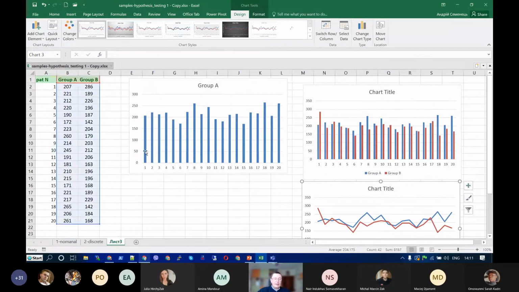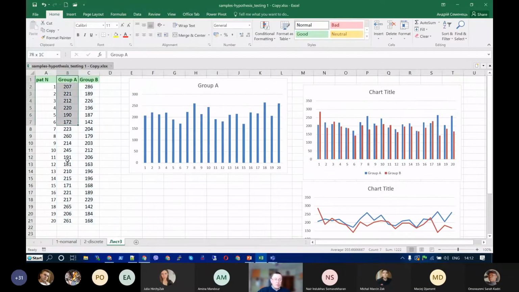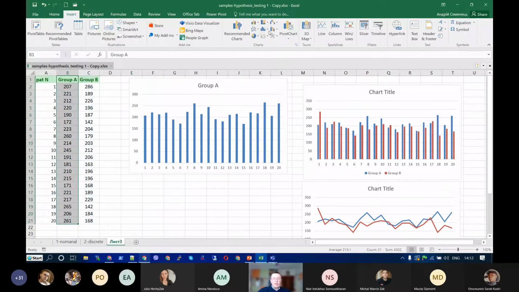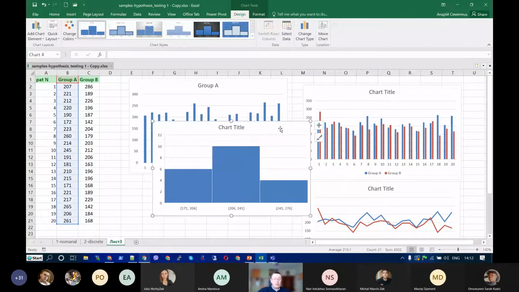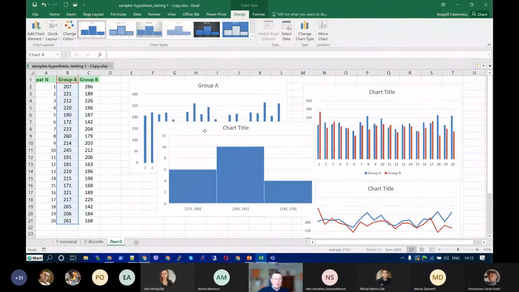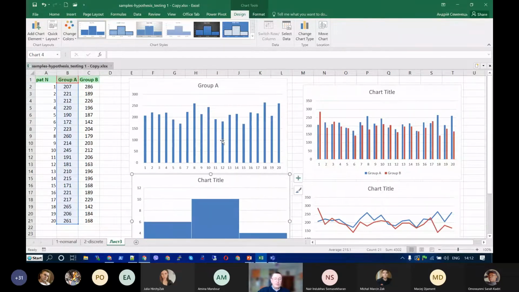Technically, for sure, I can draw it for a nominal data set as well, but it will not be fully correct because in my case each patient is individual.